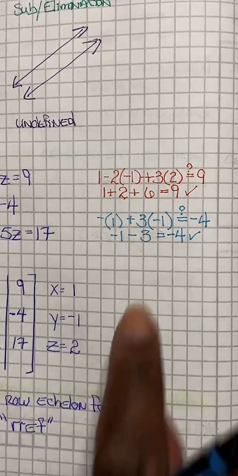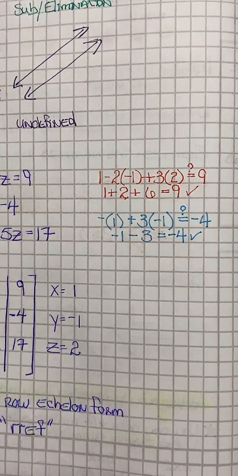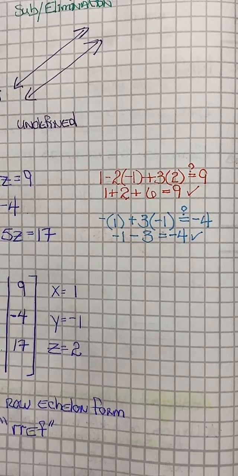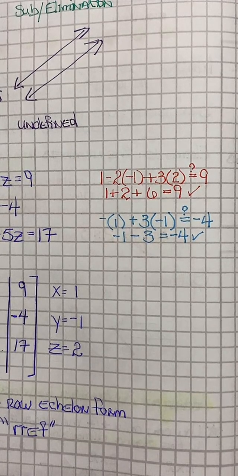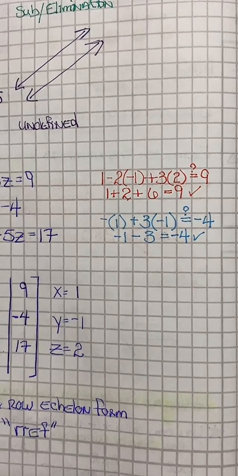On GED, you won't see this. You probably won't see this on Accuplacer. I just wanted to kind of jump up a little bit. Just a little bit. Learned this in school 20 years ago. Right. I know.